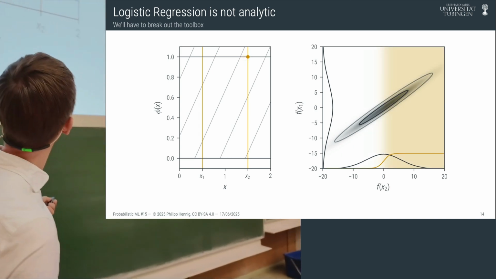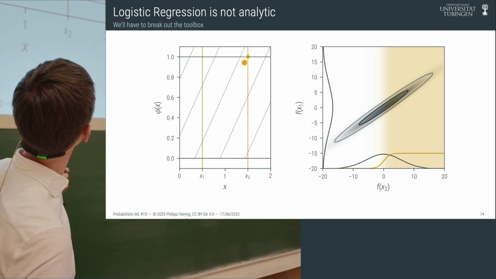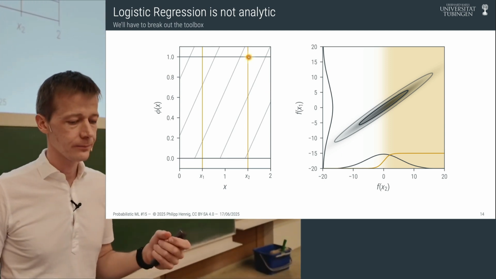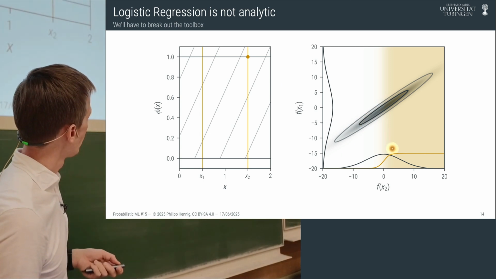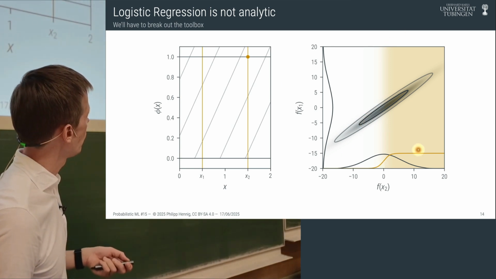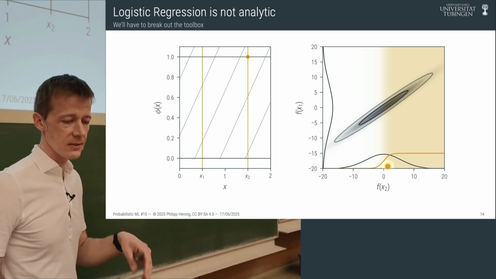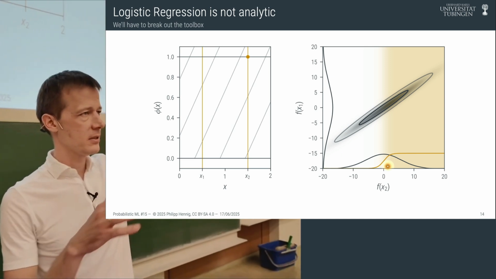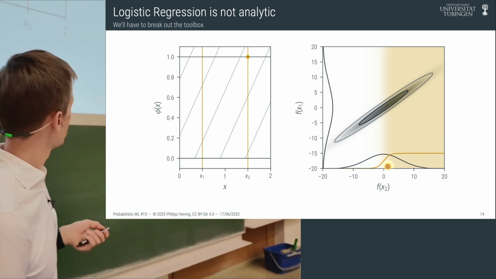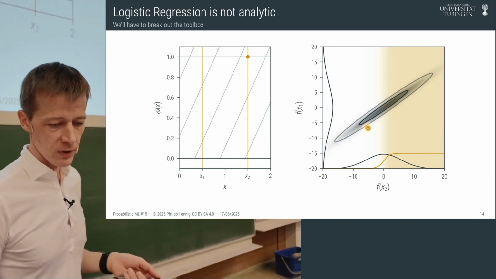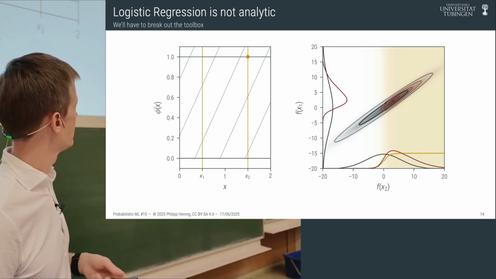I observe that here I have a positive observation. I get a label 1. So I need to multiply this Gaussian prior in gray with this likelihood function that is this orange thing now. That's this logistic, right? The logistic is this sigmoid function. So I need to multiply this gray thing with this orange thing. Well, and that gives me this.